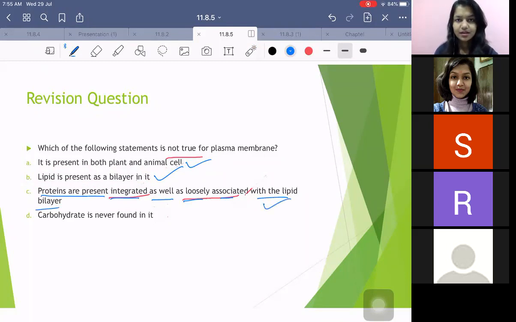Peripheral is loosely attached and integral is tightly attached. Carbohydrate is never found in it. True or false? False. Carbohydrate is found. So what is the correct answer? Which is not true? Carbohydrate is never found in it.